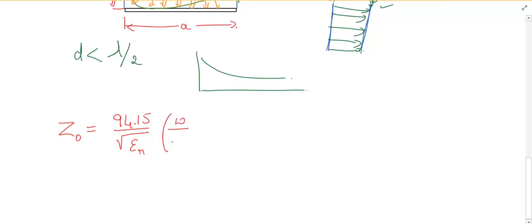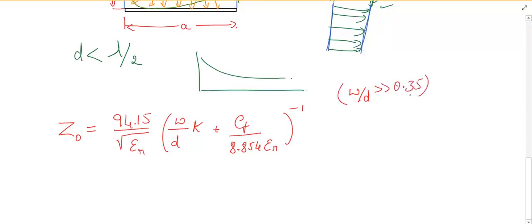W divided by D, K, capital K, plus CF, the fringing capacitance, 8.854 epsilon r, whole power minus 1, and this is the characteristic impedance of a wide strip. When it is a wide strip, we say W by D is very much greater than 0.35. This is the condition we are considering for this expression.